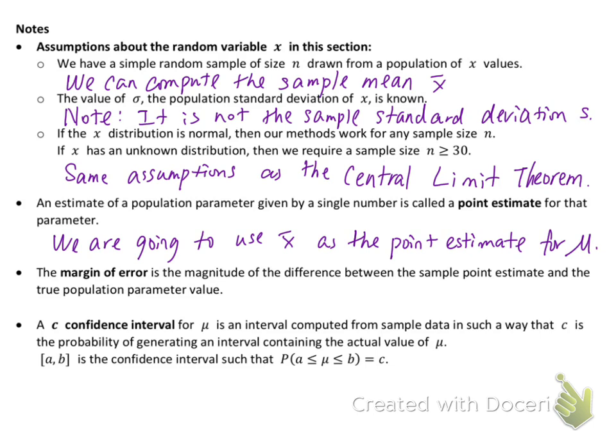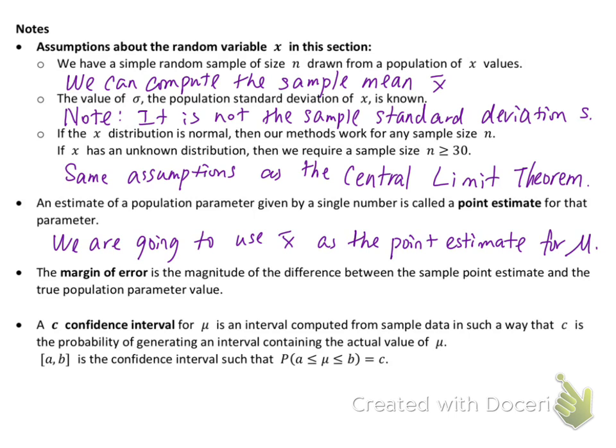The margin of error, which we hear a lot, right? The margin of error is the magnitude of the difference between the sample point estimate and the true population parameter value. Here's pretty much the setup. You want to know the mean of the population. You draw, say, 10 from the population.